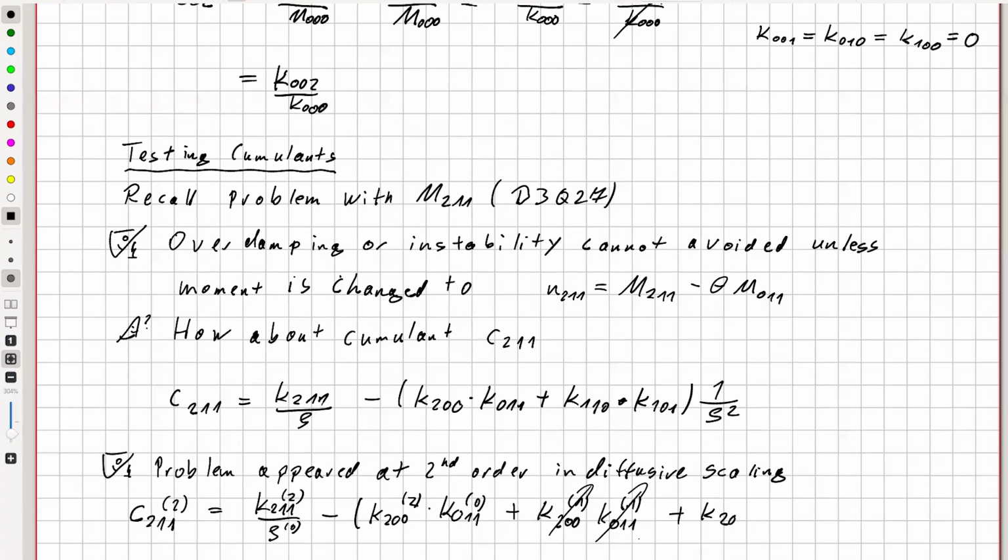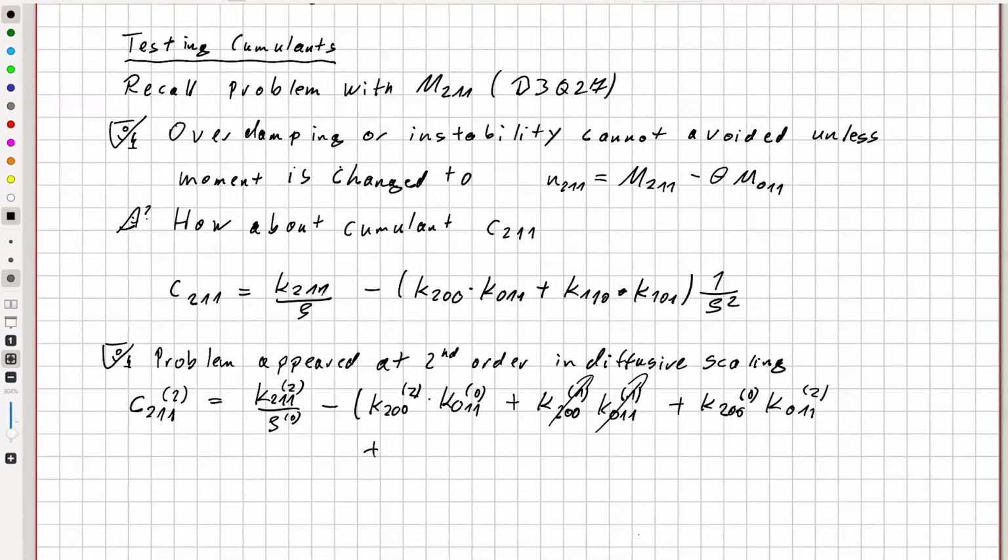Then there is K200 to 0 order and K011 to second order, plus 2K110 to second order and K101 to 0 order, of which we know does not exist.